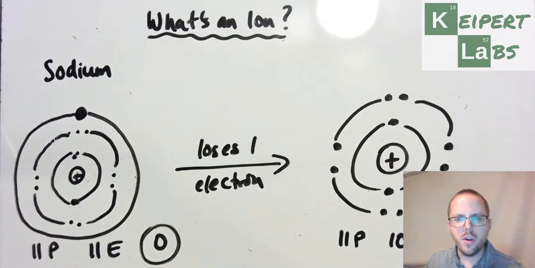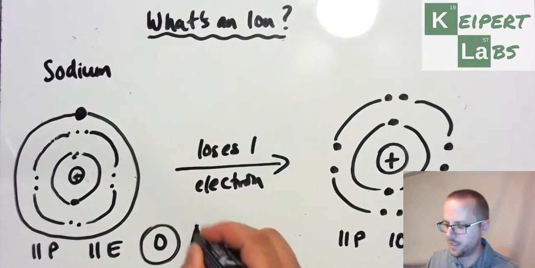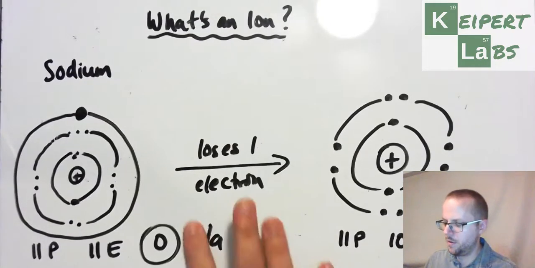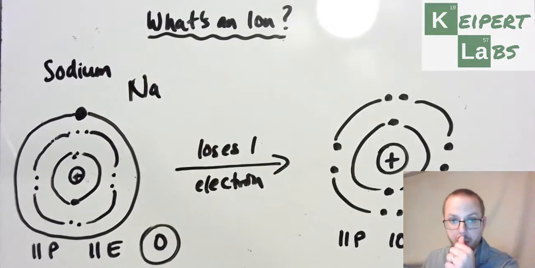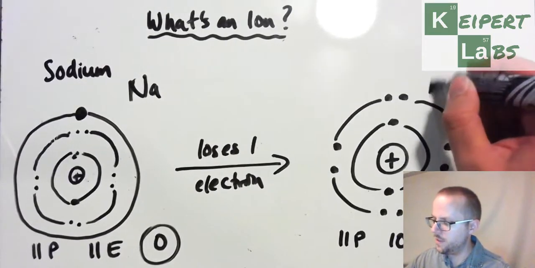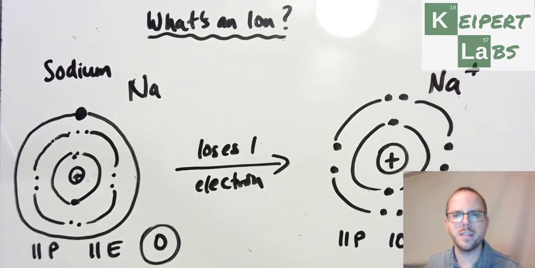And so we don't call it an atom anymore. We call it an ion, a sodium ion. The sodium atom originally had the symbol Na. I might rewrite that up here so it's easier to see. Where the sodium atom was Na, we now want to express that this sodium ion has a charge, so we put a little plus in the top right hand corner just after its symbol.